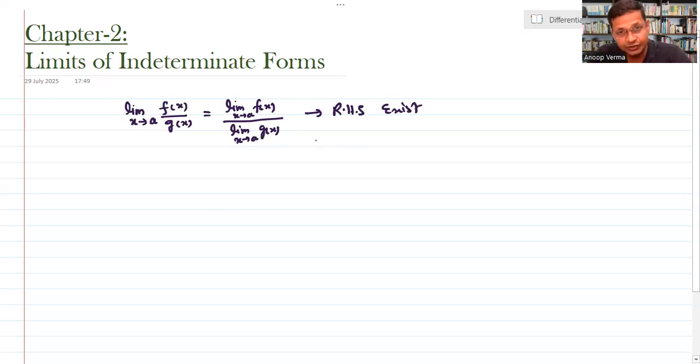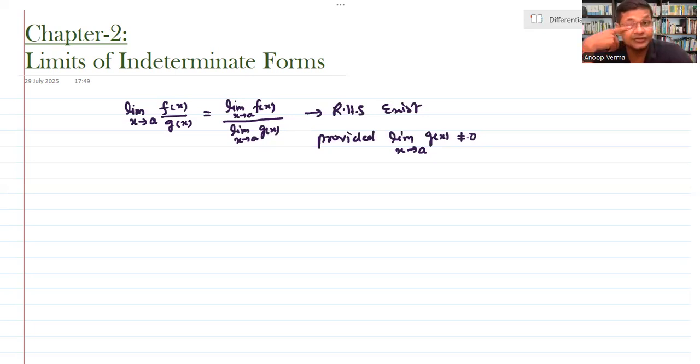This will exist provided the limit of the denominator g(x) is not equal to 0. Okay, so this is when the limit exists, but what will happen when the limit of numerator and denominator is the same?